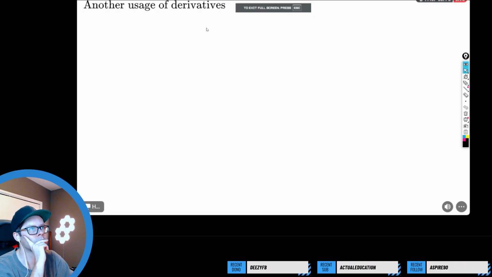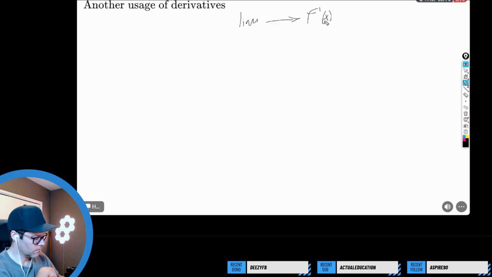Now, it's actually another pretty nice usage of derivatives, because until now we used limits to define derivatives, but we can also use derivatives to find limits.